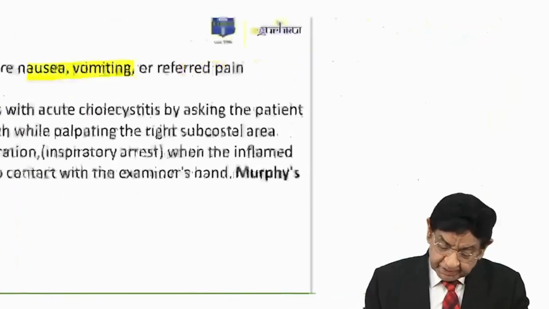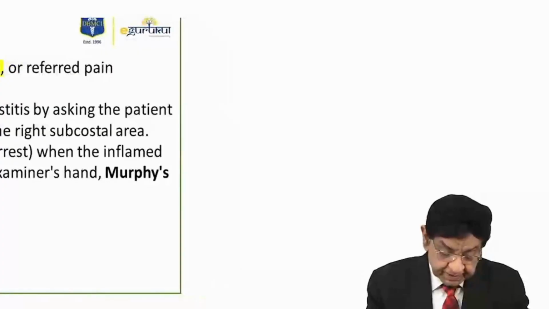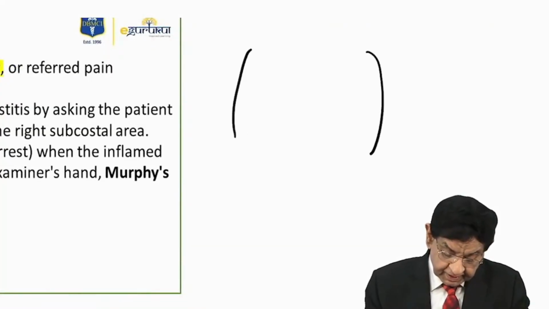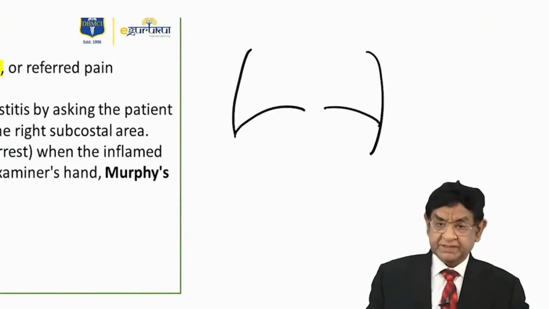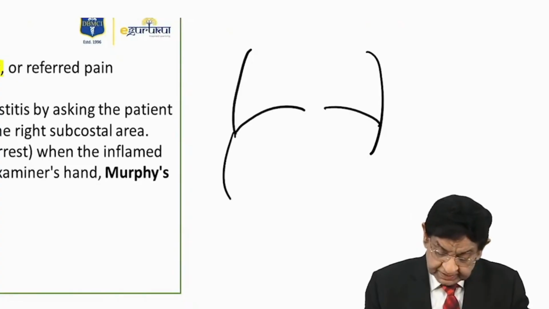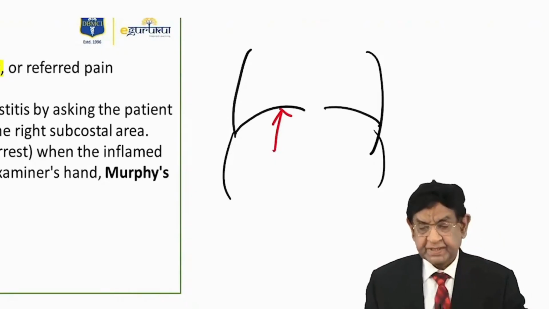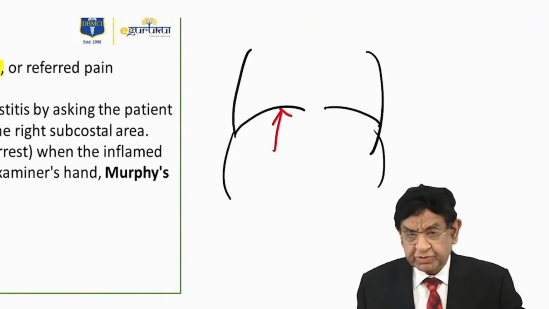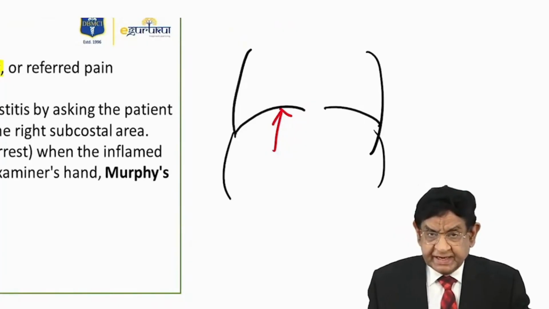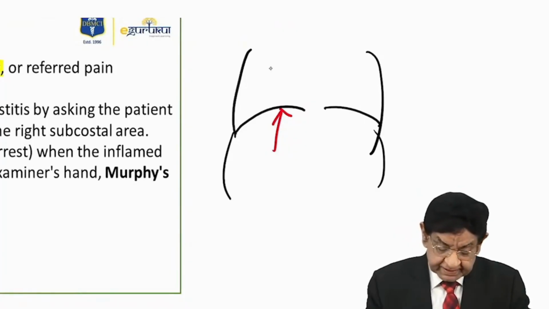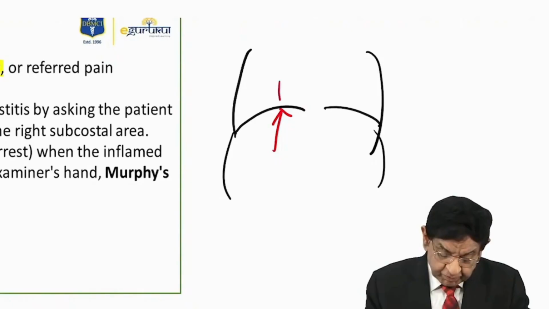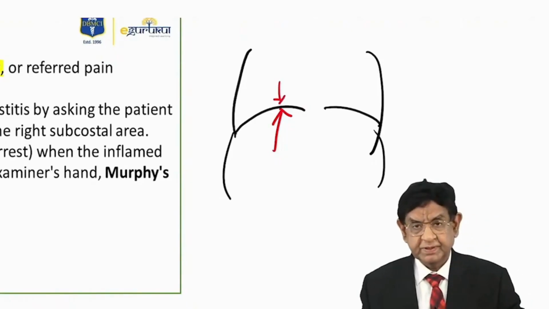Here is the patient, and here is the costal margin. This is the right hypochondrium, and we palpate. And we ask the patient to take a deep breath. As he takes a deep breath, the gallbladder will move down.